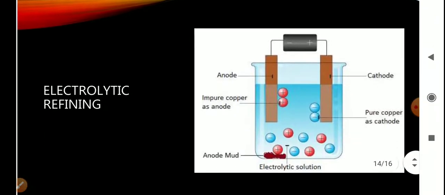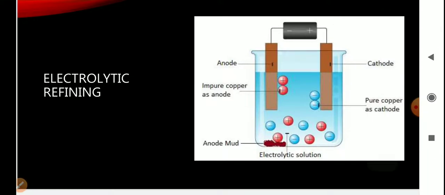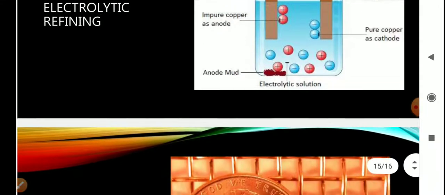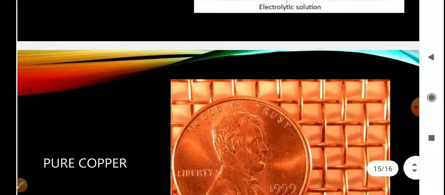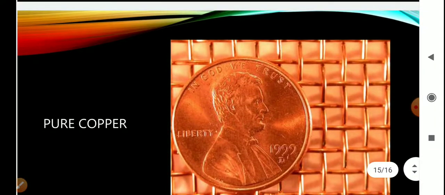This is the picture or diagram for the electrolysis, also called electrolytic refining. By means of electrolysis we can get 100% pure copper during the extraction of copper from its ore.